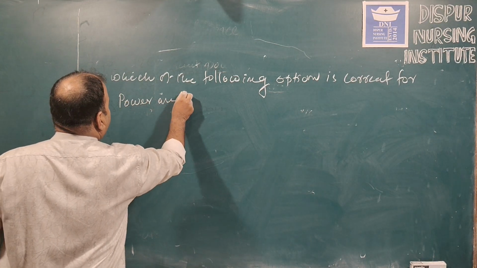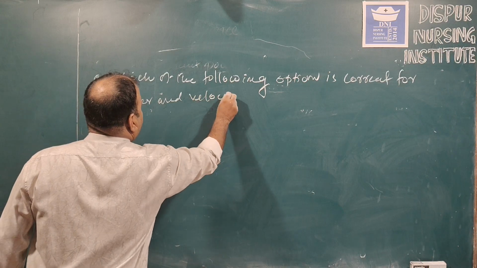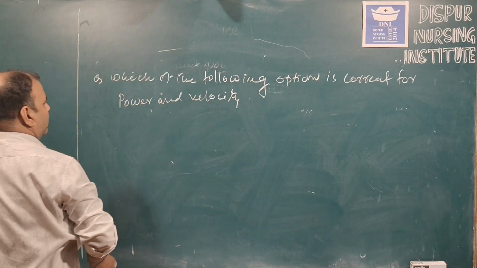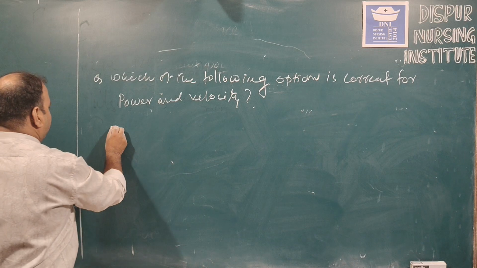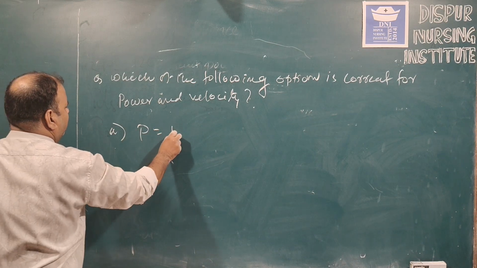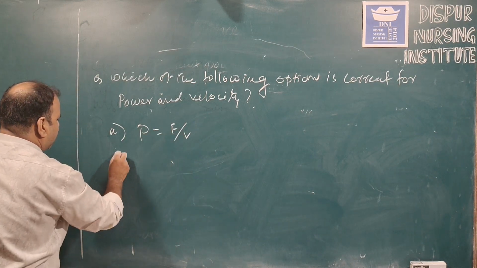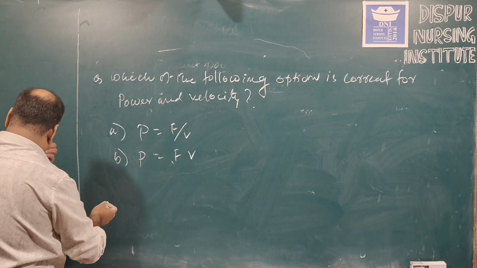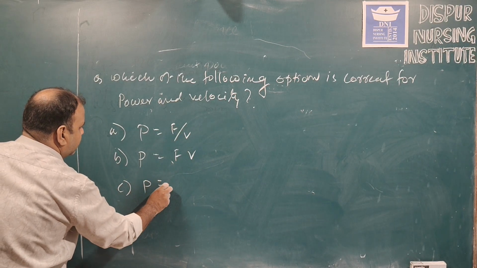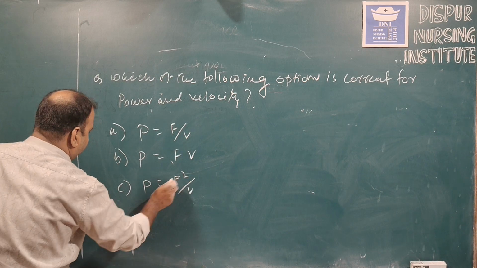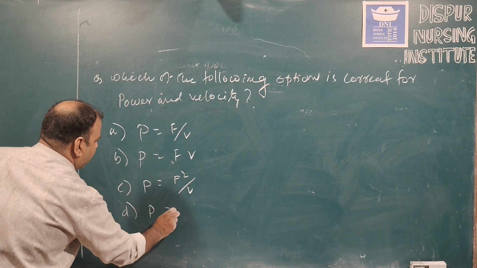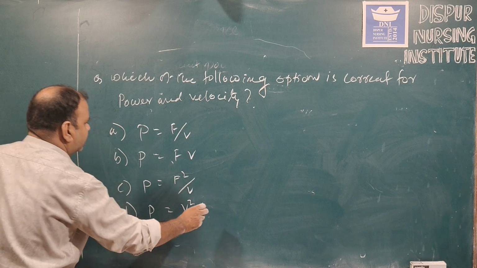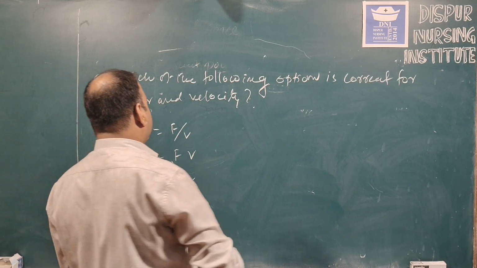Power and velocity. Already you know, A, power is equal to F by V; B, power is equal to F into V; C, power is equal to F square by V; and D, power is equal to V square by F. So now you can see how we can solve this one.